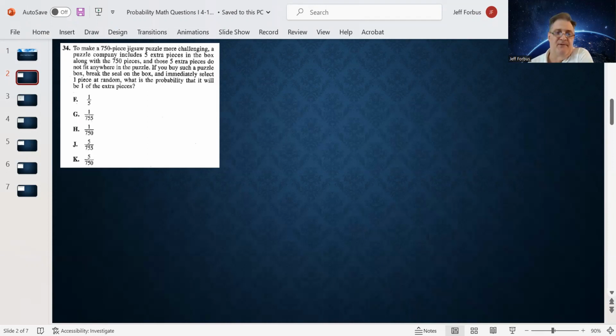So there's 5 extra pieces in the box. We have a total equal to 750 pieces. We have 5 extra pieces. So with that 5, we're going to add to the 750. So we're going to have 755 total pieces, including the extra pieces.